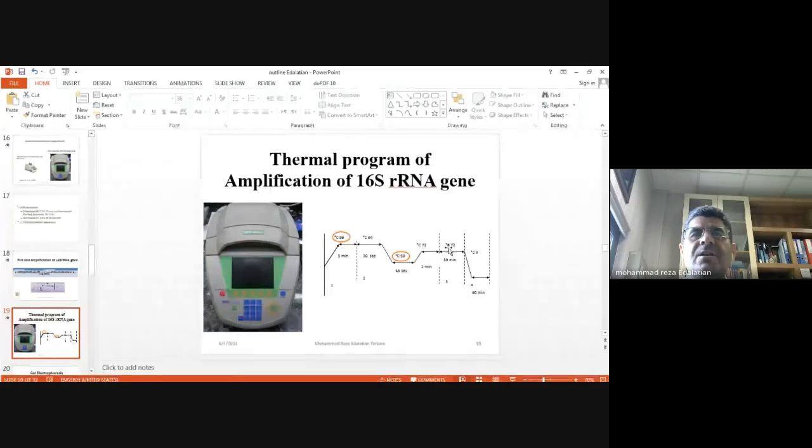After extension, we have the final extension at 72 degrees centigrade for 10 minutes, and finally, we can store the PCR products or amplicon at 4 degrees centigrade. And this part can be repeated for 30 to 40 cycles.